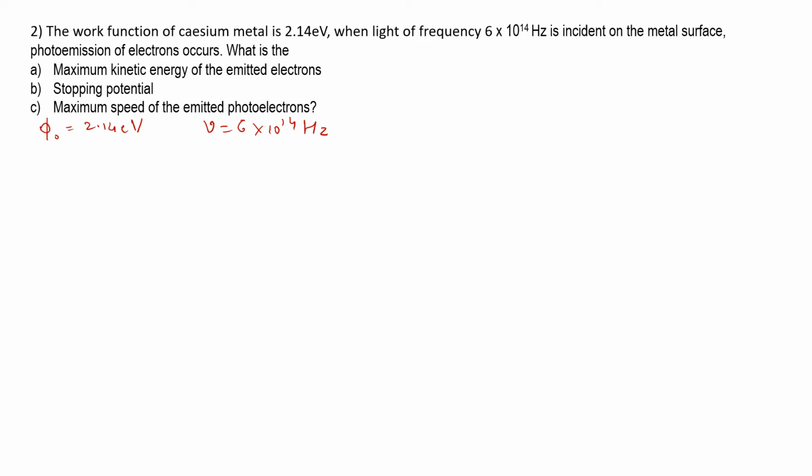The first thing to find here is the maximum kinetic energy. The formula for maximum kinetic energy is h nu minus phi naught, because we know that the given energy is used in two ways: the work function, plus the maximum kinetic energy of the electrons.